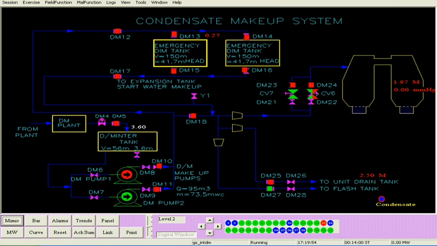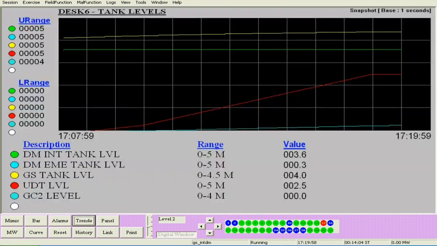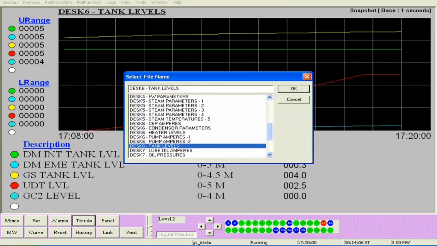Herein you can see the condenser level. We can go to the condenser parameters, and in the condenser parameters you will be able to see the condenser level.